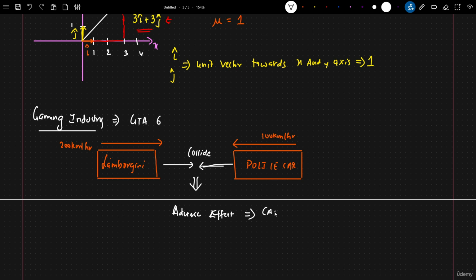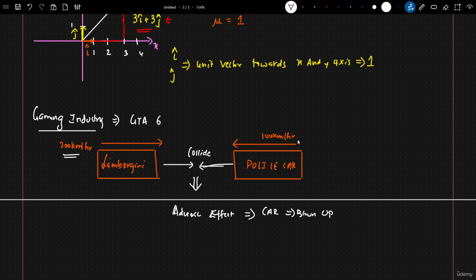The car will get blown up, it'll catch fire, it'll rotate 100 times and fall into some building or anywhere. This kind of adverse outcome is derived from these vectors, and these are the units responsible. Just imagine you're writing a condition: when a car at 100 or 200 kilometers per hour is colliding, some effect should happen, and the animation changes accordingly.